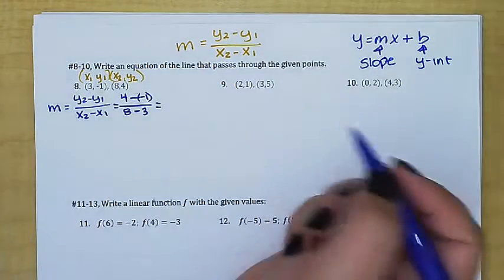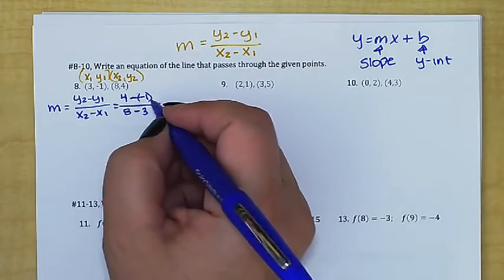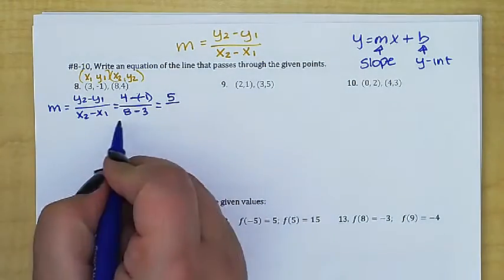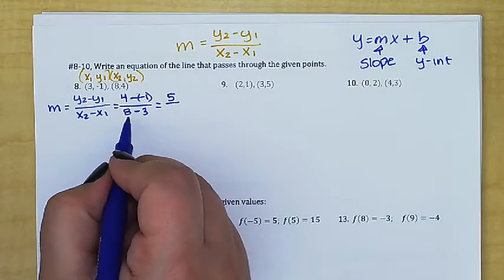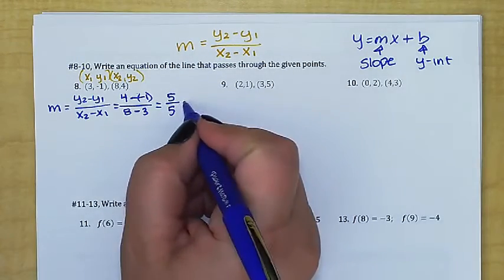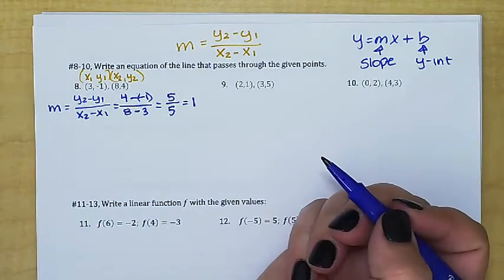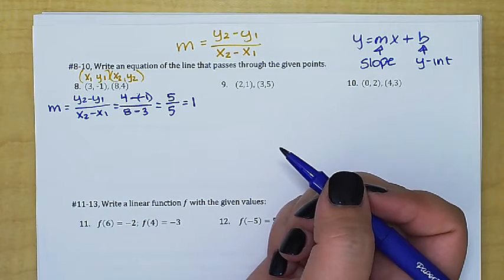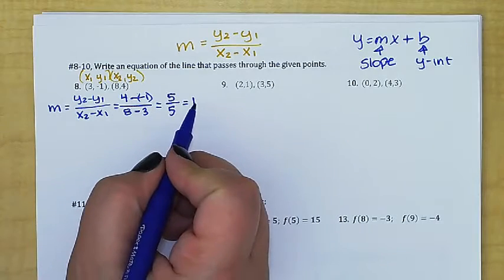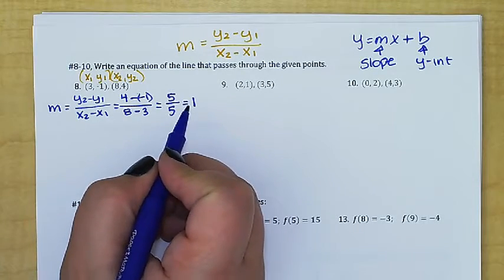You recall that. It becomes a big old plus. So we end up with 4 plus 1, which is 5 in my numerator. On the denominator side, 8 minus 3 is also 5. So we end up with 5 over 5. Well, anything over itself is just 1. So now we know the slope is 1. Okay? Once you know that, you realize, oh, I know the slope now, right?